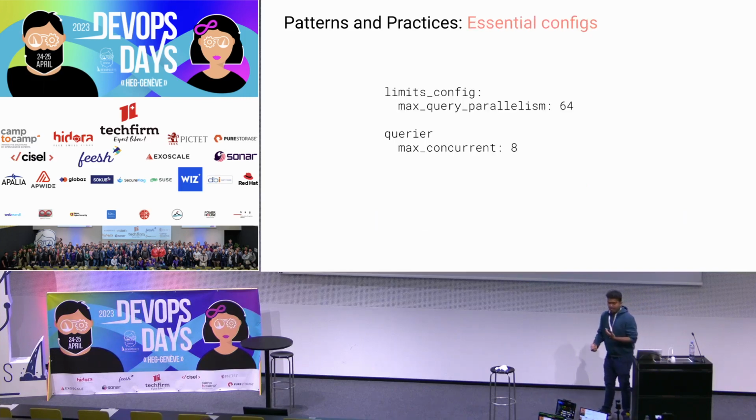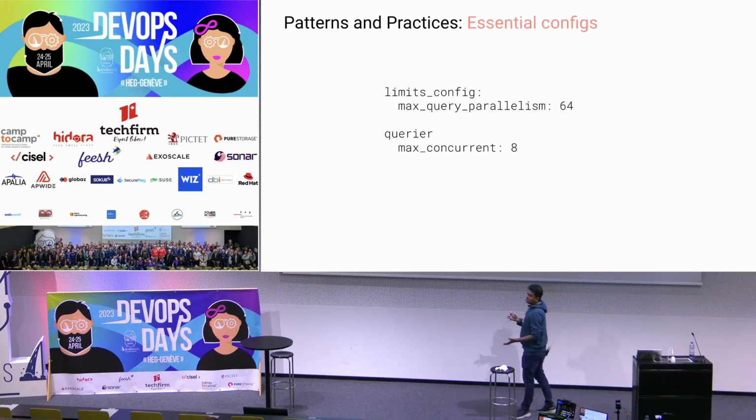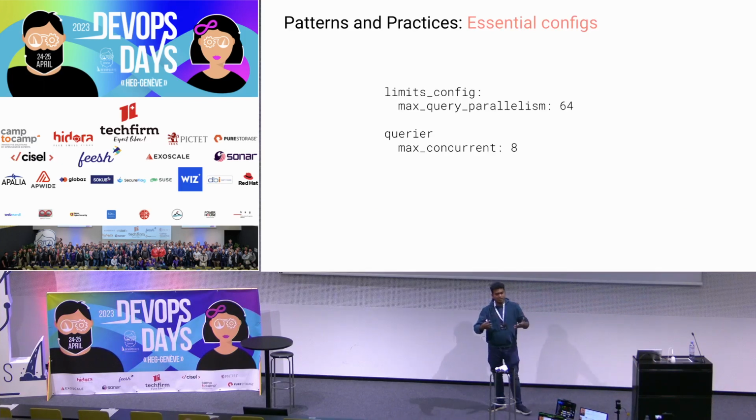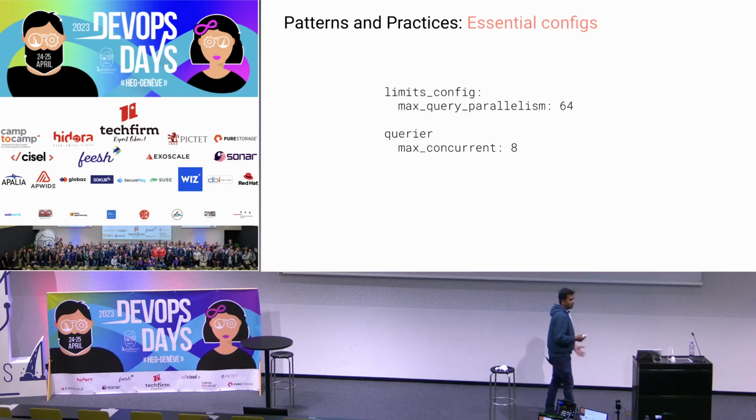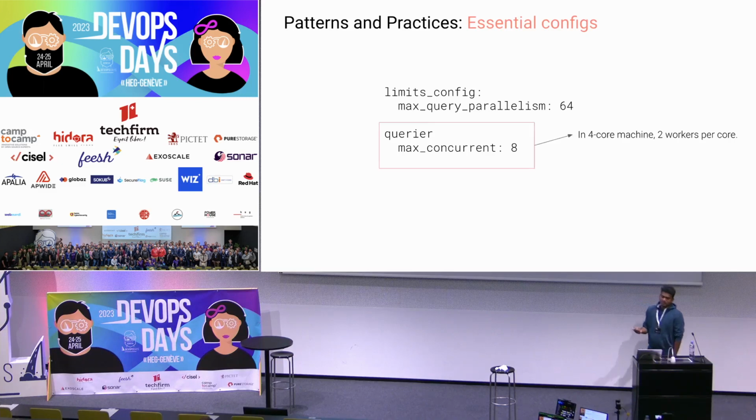So again, the other side of it, right? So far we have seen patterns of using Loki as an end user, who is consuming logs. There is also another user, which is the operator. And this is one of the essential configs when you run Loki at scale. So what this means here is, like I said before, Loki is mainly about this horizontal scalability, right?